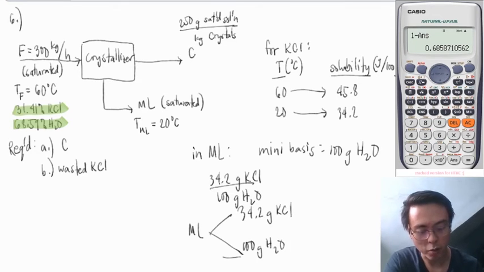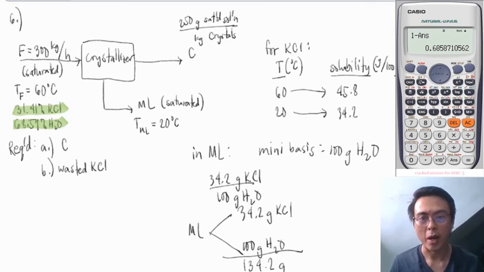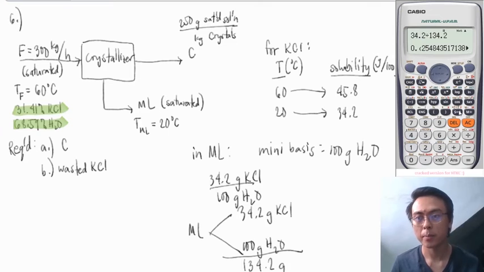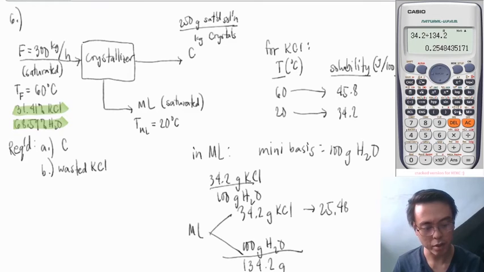The total mass of mother liquor is 134.2 grams. Okay, let's convert this to mass percentage. That would be 34.2 divided by 134.2. That is 25.48% KCl. And then subtract this from 1: 74.52% water.